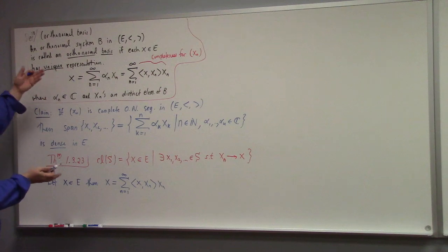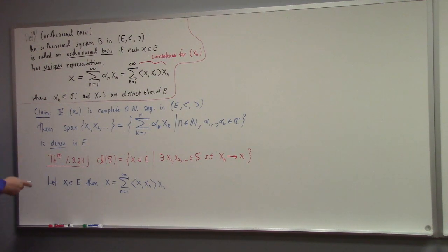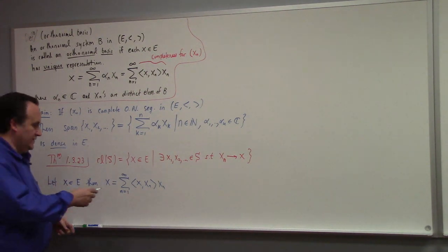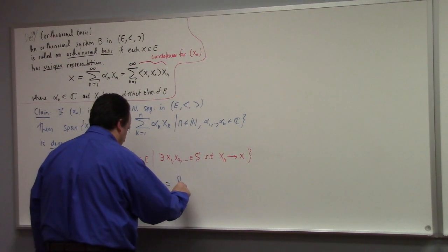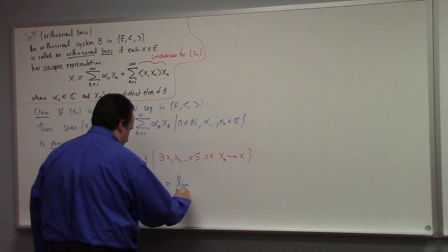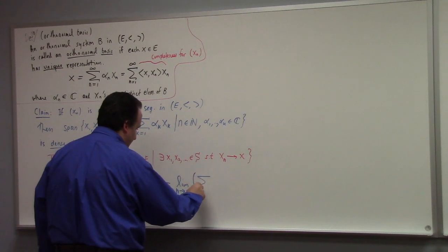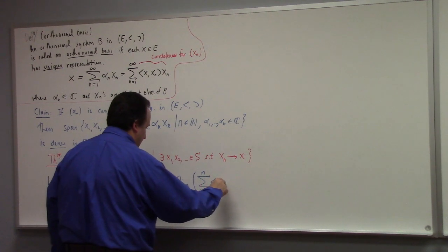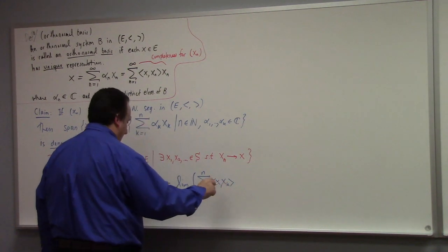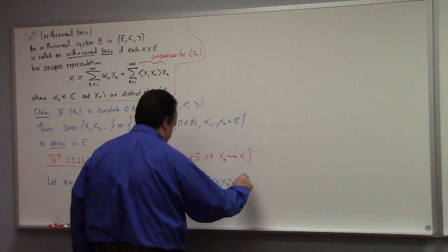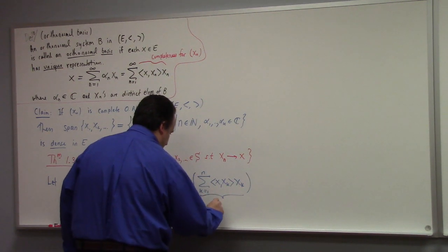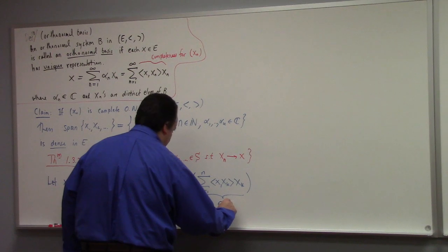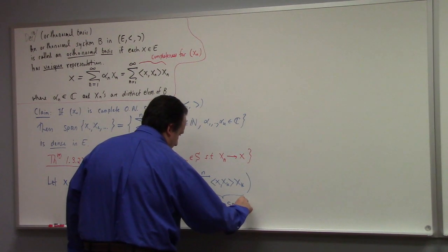If we have a complete orthonormal sequence, this is by definition. But this is literally the limit as n goes to infinity of the sum, k equals 1 to n, of the inner product of x with xk, times xk. And this is an element of the span of the sequence.